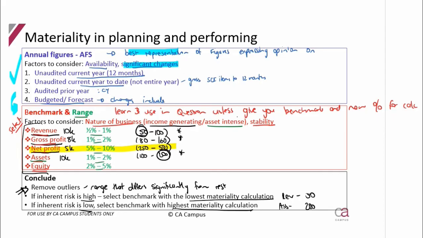You justify all the way through. You do the calculations according to the ranges and the benchmarks. Unless they give you benchmarks and percentages in the question, then you're going to have to justify which benchmark and percentage you're going to use, and then conclude based on your assessment of the risks of this business.